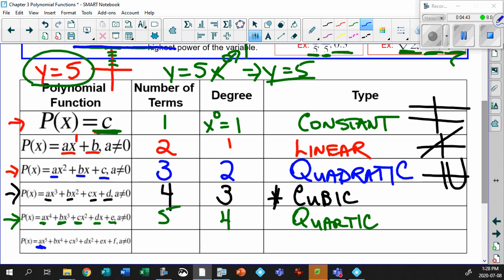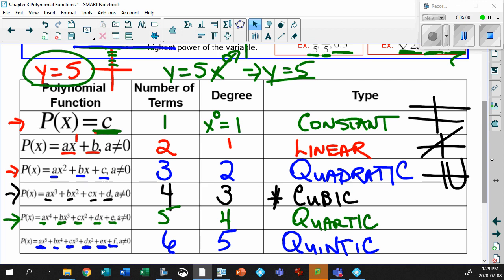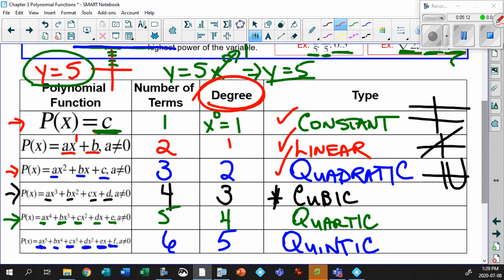Look at the terms: 1, 2, 3, 4, 5, 6 terms. The highest degree is 5. This is called a quintic function. Some really cool names for these functions. Surprisingly, what's going to be most important to us is this degree, because the degree, like the ones we know, describes the kind of graph that we're going to get.